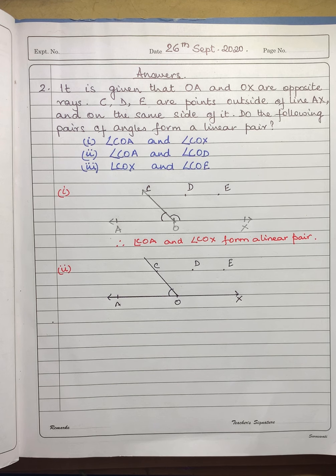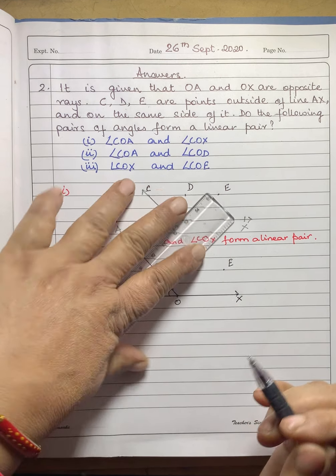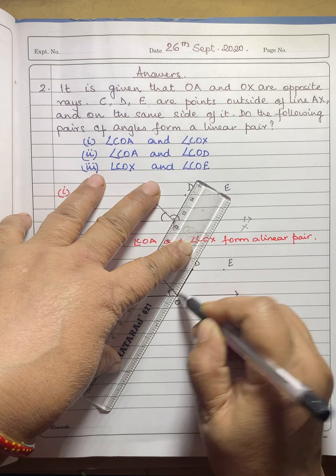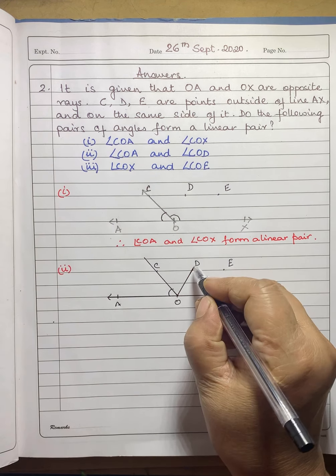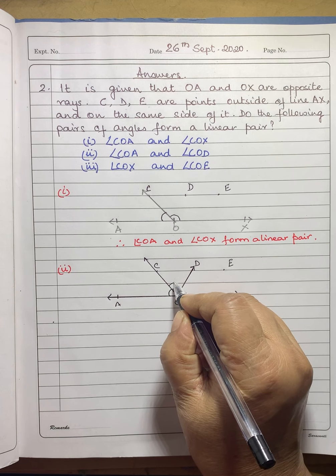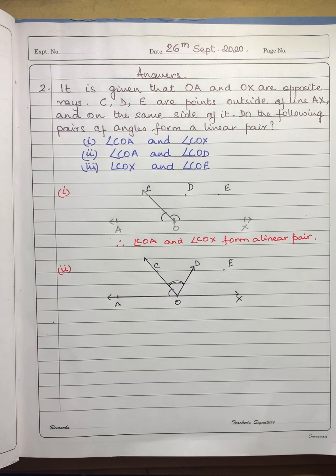The other angle is angle COD. So I need to join the points O and D. This will give me the angle COD. They are the two angles that have been formed here.